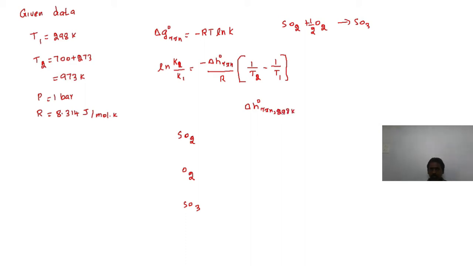All the data are available at 298 Kelvin. Let me write joule per mole. Similarly, del G naught of reaction at 298 Kelvin. Also, the stoichiometric coefficient of the reacting species: SO2 is minus 1, O2 is minus 0.5, SO3 is 1. Now let us look at the textbook to get these two data.